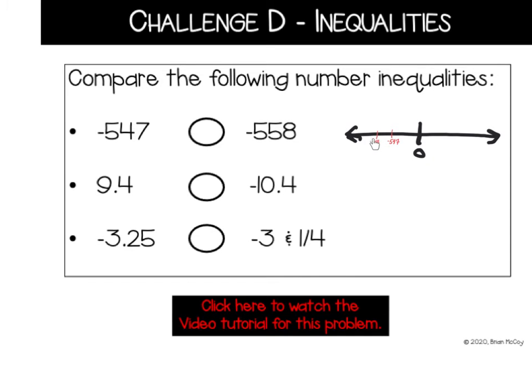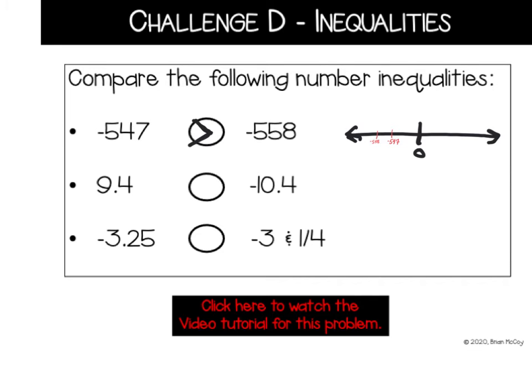So it's going to be a smaller number than negative 547. So this is going to be greater than this, so I will use the greater than sign. Superb, my friends. So in answer to this first one, negative 547 is greater than negative 558.